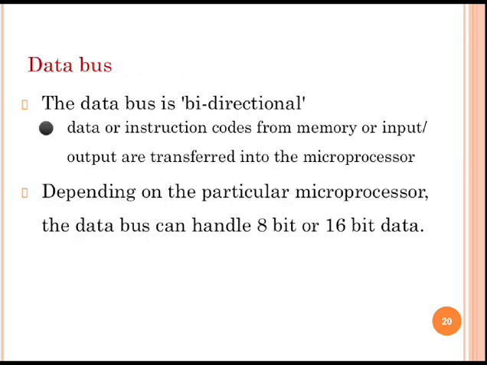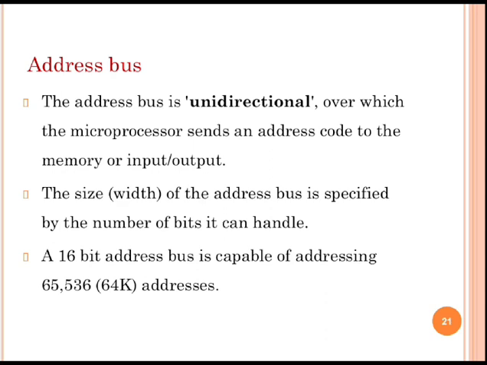Next one is buses. First one is the data bus. The data bus is a bidirectional bus. Data or instruction codes from memory or input-output are transferred to the microprocessor. Depending upon the particular microprocessor, the data bus can handle 8-bit or 16-bit data. Next one is the address bus. The address bus is unidirectional, over which the microprocessor sends an address code to the memory or input-output.